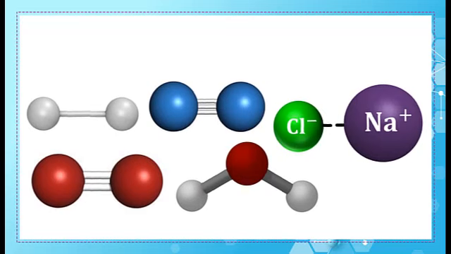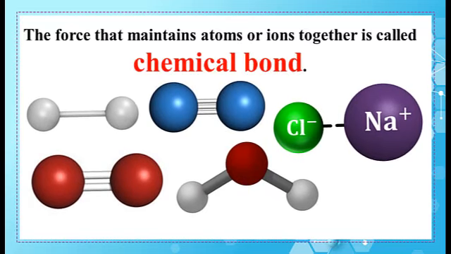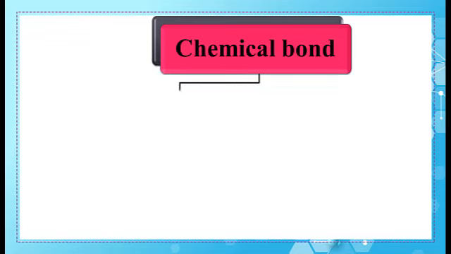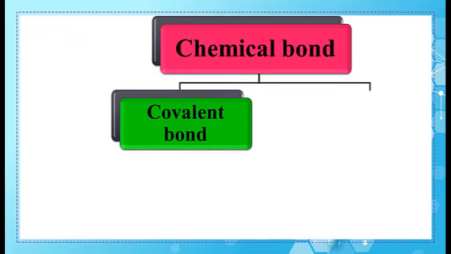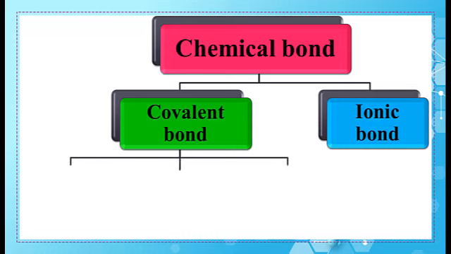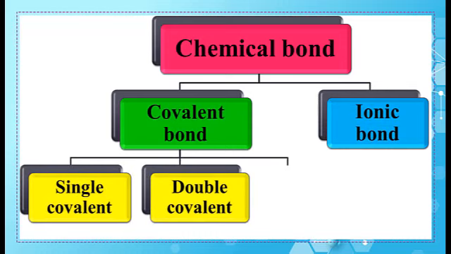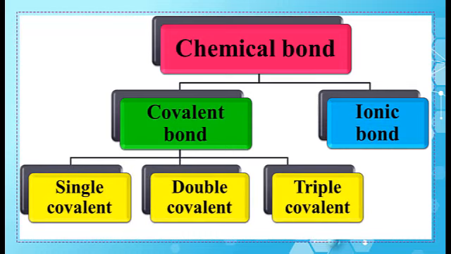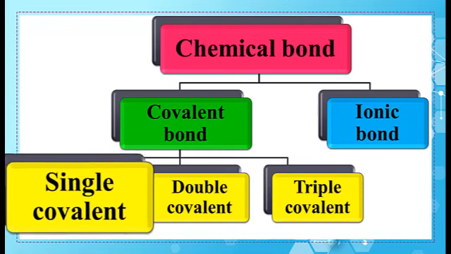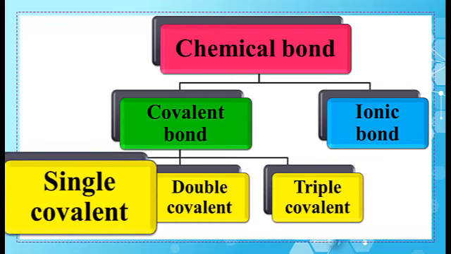They are made up of atoms or ions bonded to each other, and the force that maintains atoms or ions together is called chemical bond. And the chemical bond could be covalent or ionic. And covalent bond is either single, double, or triple covalent bonding. And now we are going to discuss the single covalent bonding.